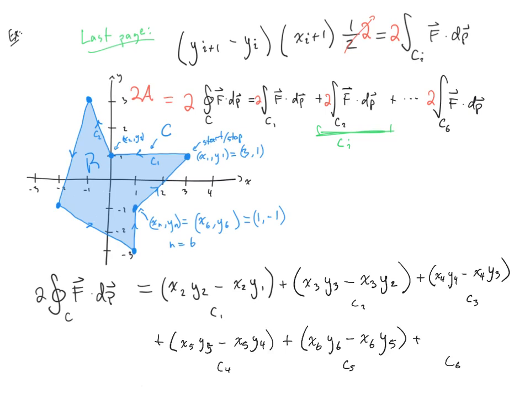I'm going to highlight it in green here, because c6 goes from xn yn, or x6 y6, to x1 y1. So actually, for this last one, when I plug in 6 for i plus 1, I don't want it to be 7, I want it to be 1 again. So I'm counting mod 6, or modular arithmetic. This is like counting on a clock. So this goes back to the very beginning. This goes to x1 y1 minus x1 y6.